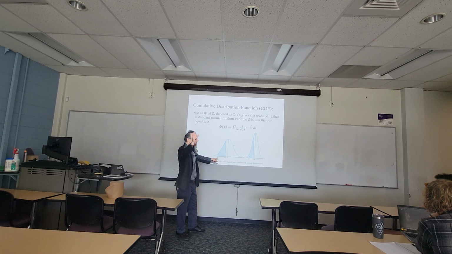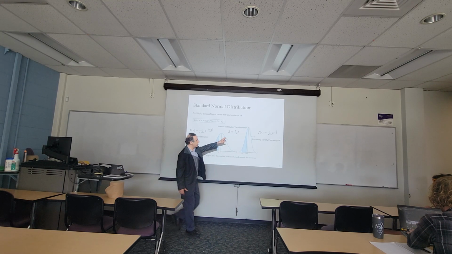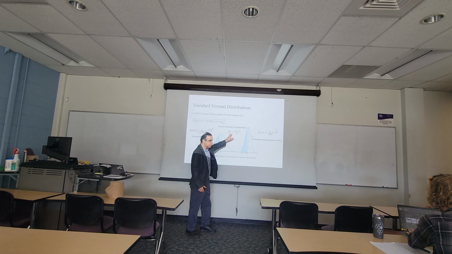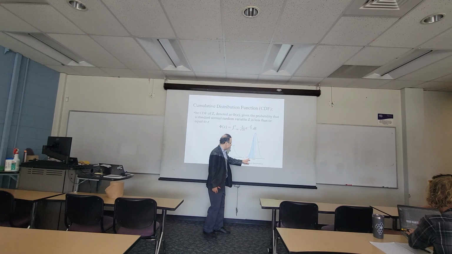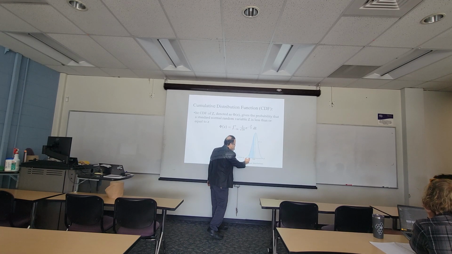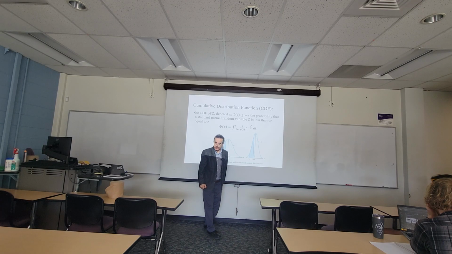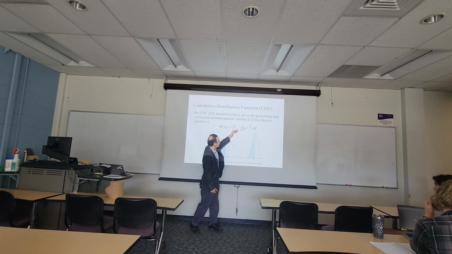You put it into this equation and find z, and you come here. This equation gives you the area before that point, so this area under the line. The area under this line will be given to you by this equation, which is in a table.